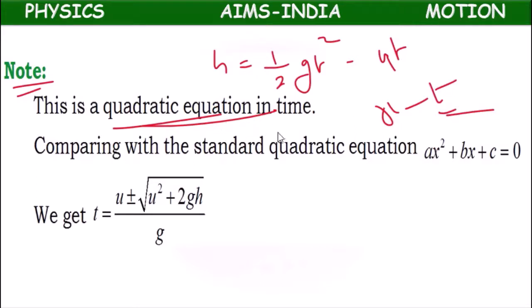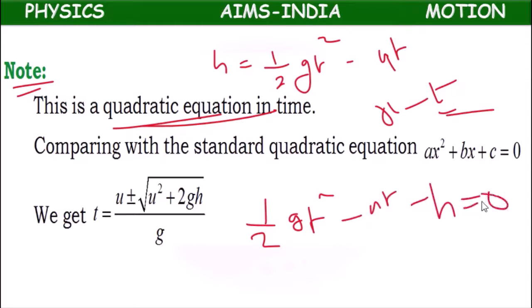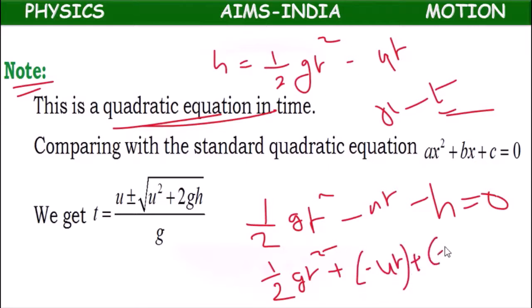We can write it as half gt square minus ut, and this h will come to this side: minus h equals 0, or half gt square plus of minus ut plus of minus h equals 0.